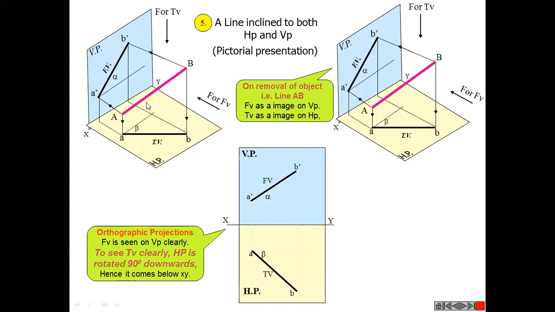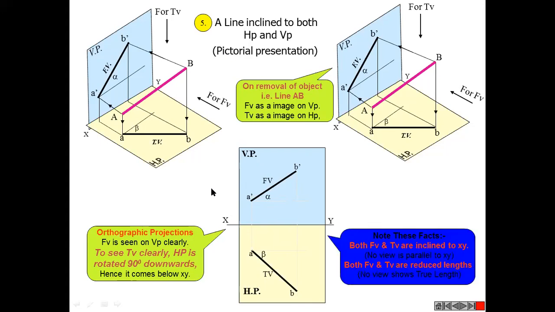But as the line is inclined to both the planes, neither of these is the true inclination or true length. The problem is that you are asked to find the true length and true inclination. How will you do that? Both of these are reduced views. So now we will see.